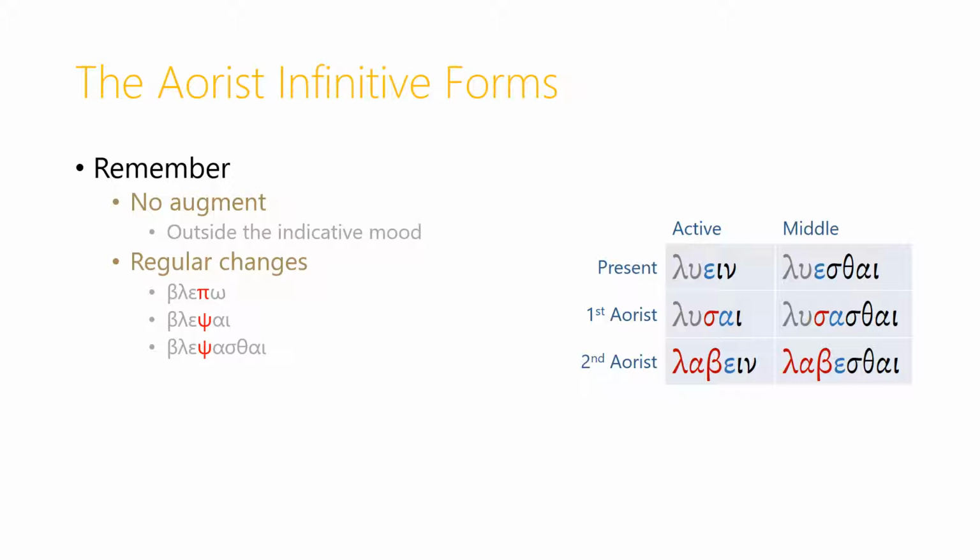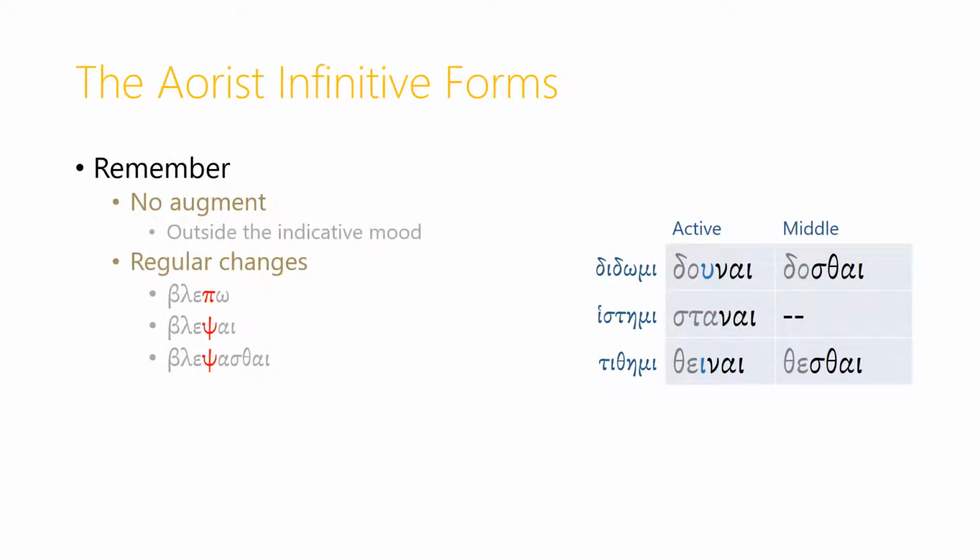And remember that we'll have regular changes of the kind we see with all our verbs. So for example, with blepo, when the pi at the end of the stem runs into the sigma tense marker, the active first aorist infinitive will be blepsai with a psi, and the middle will be blepsasthai with a psi.